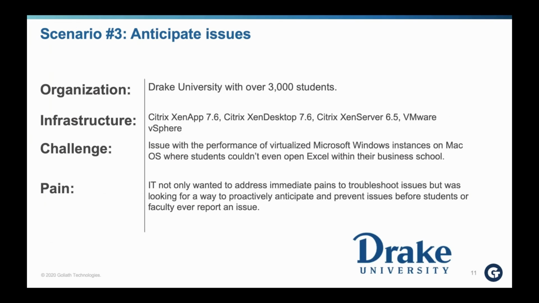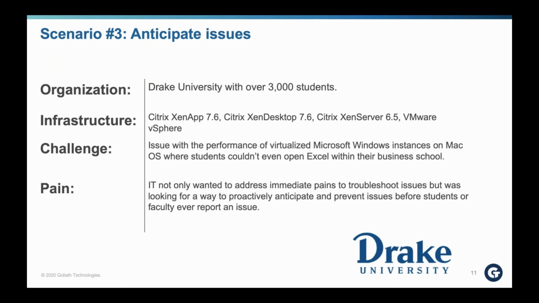The last scenario we're going to talk about is one with Drake University. They have over 3,000 students, and they deliver Citrix virtual apps and desktops to the users. They also have Zen server or Citrix hypervisor infrastructure, as well as VMware, and that's a very popular configuration that a lot of our customers have.